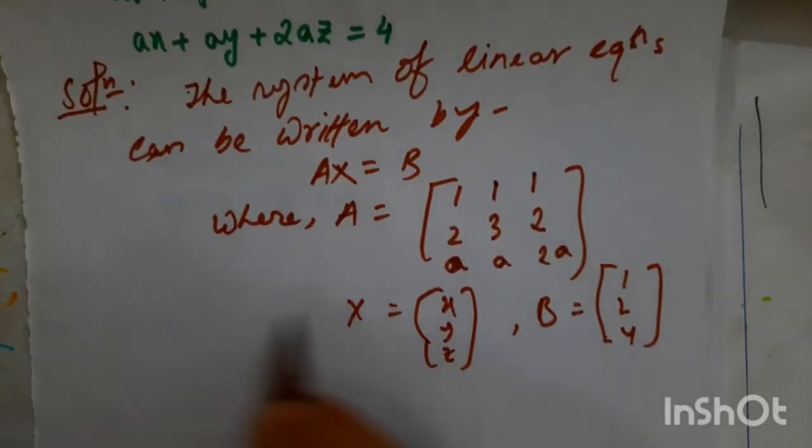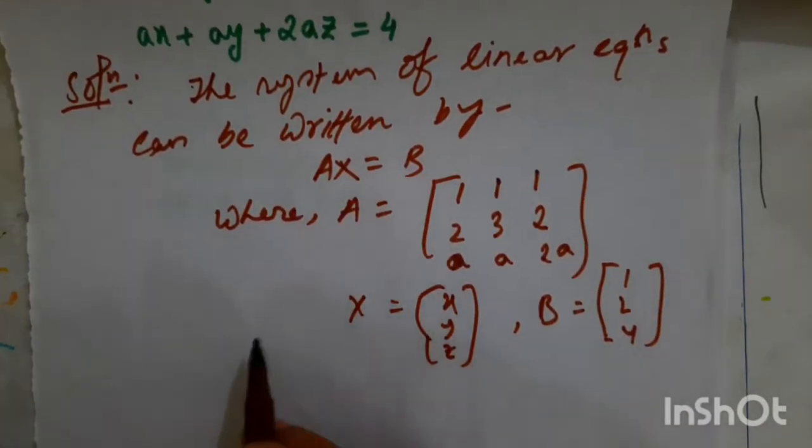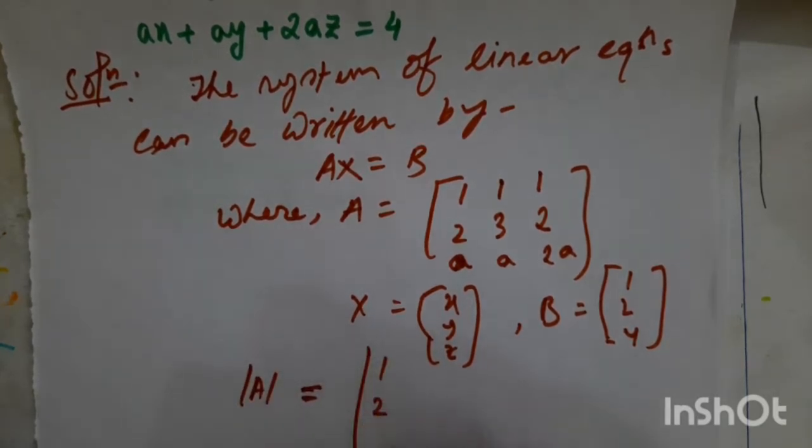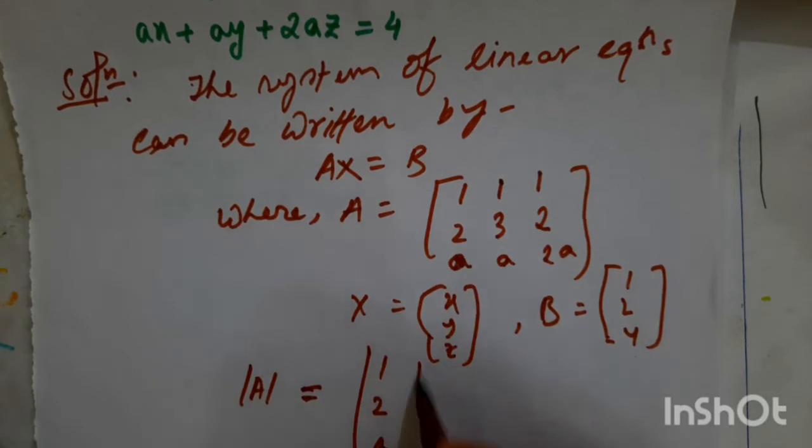That's it. Now what we have to check is whether the inverse exists or not. To check whether the inverse exists or not, we have to find the value of determinant A.